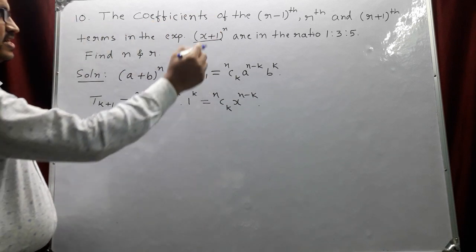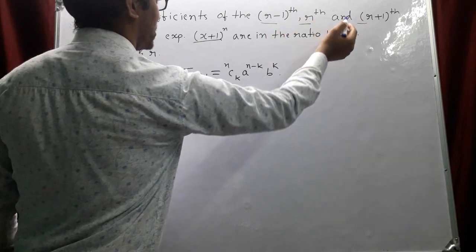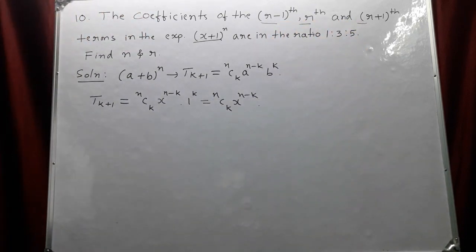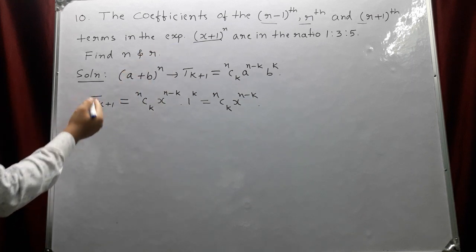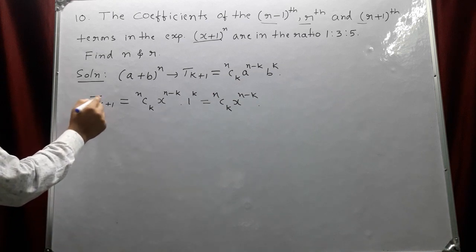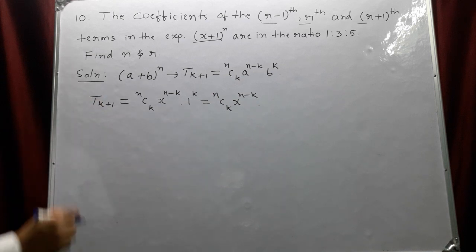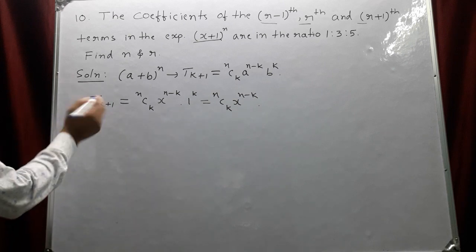So let us find the (r−1)th term, rth term as well as (r+1)th term. So what is the (r−1)th term? If you give k is equal to r−2, you will get the (r−1)th term.